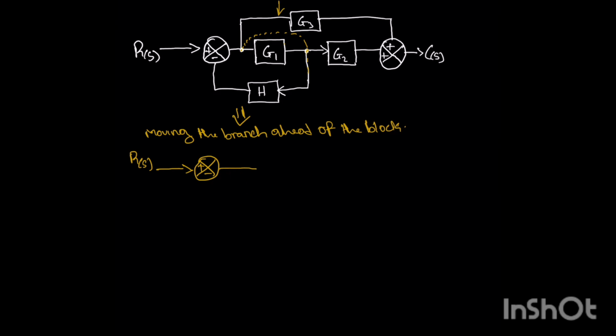Now we want to push this point over to this place. So we have G1, and this is the point. So what we are going to have here now is G3 all over G1. So we have added the actual gain in the system.